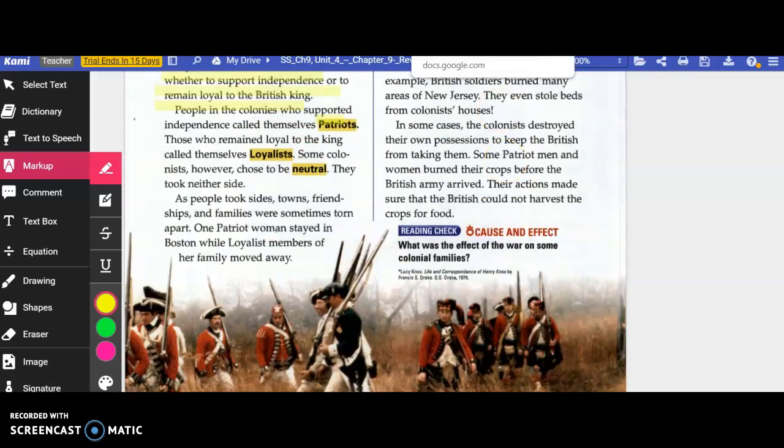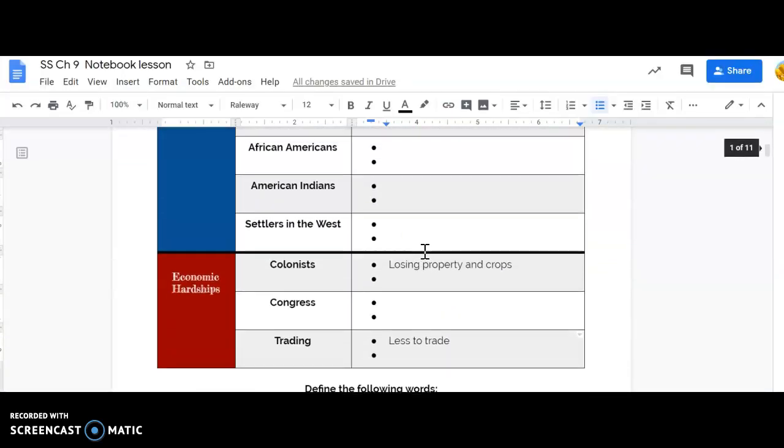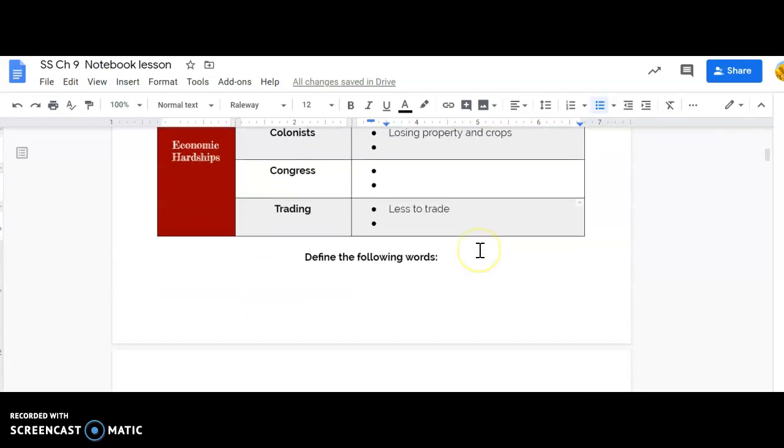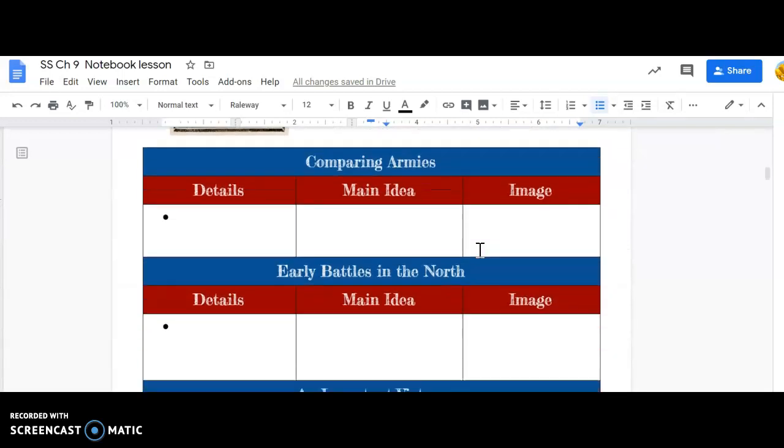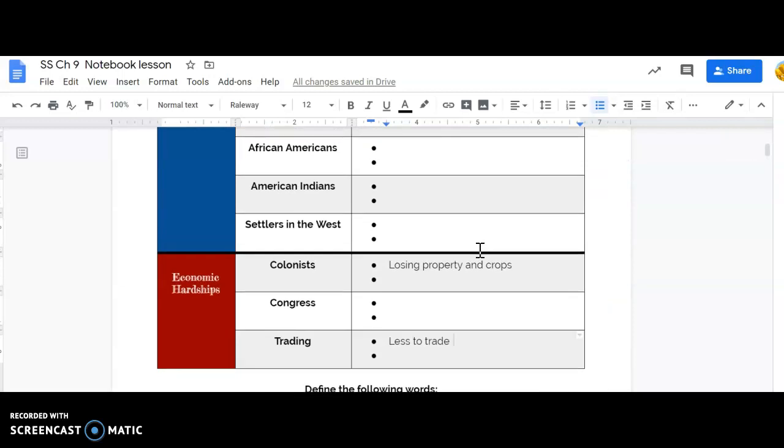So let's look at our notes here. We'll have to get back to this. Okay, what did it have on the economy? Less to trade. Okay, money or currency was printed. So it decreased in value.